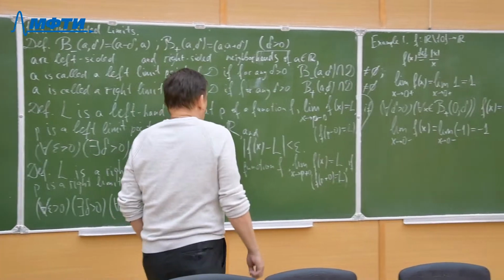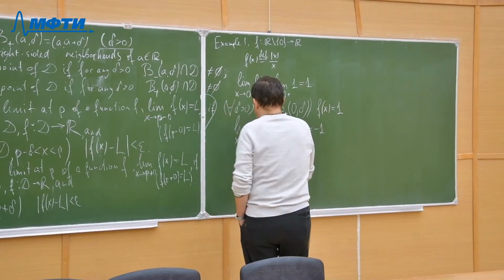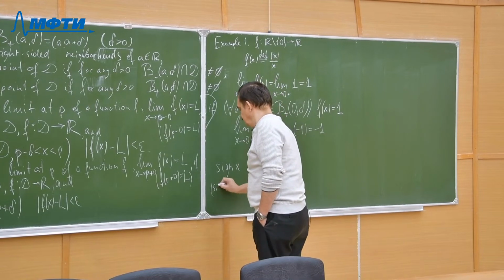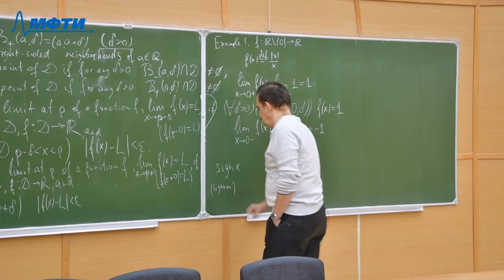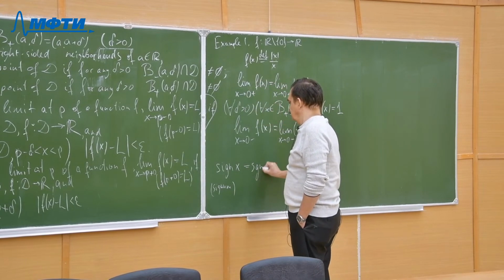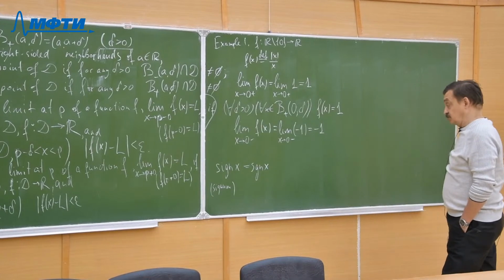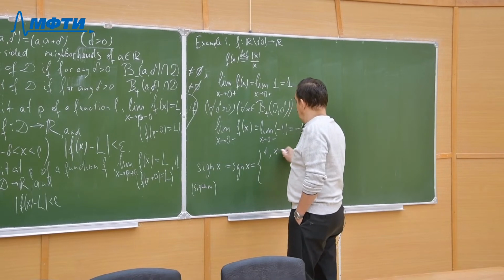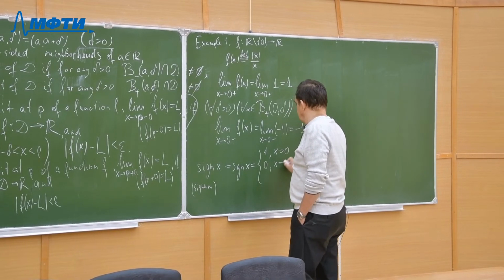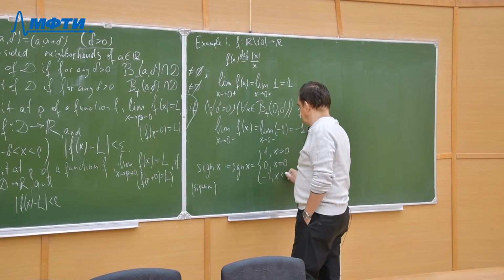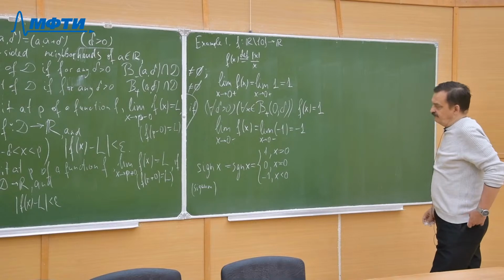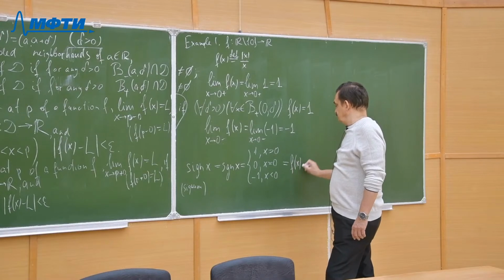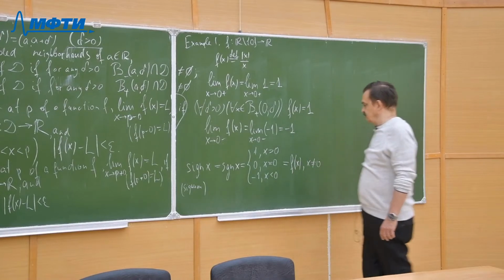And analogously, we can consider the function signum x. Sometimes it is denoted by sgn x, and that is 1 if x is greater than 0, 0 if x equals 0, and minus 1 if x is less than 0. And definitely this function coincides with f of x for all x not equal to 0, right?